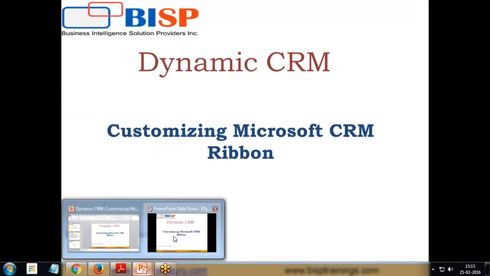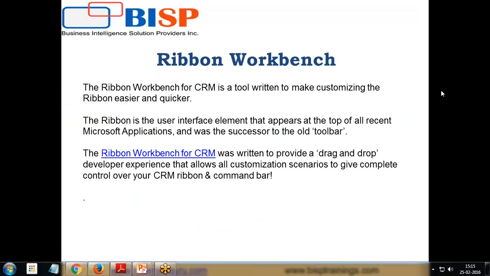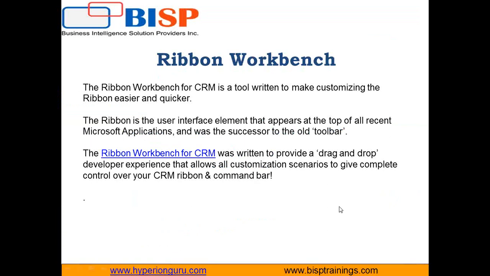To fulfill this requirement, I have decided that I will use the ribbon workbench tool. So first of all, let's understand what exactly the ribbon workbench tool is used for, and then we will see how to actually use it for the customization.